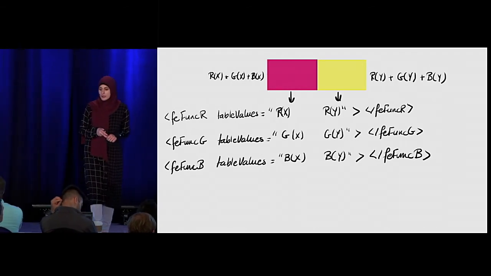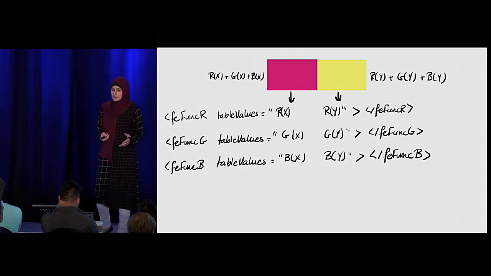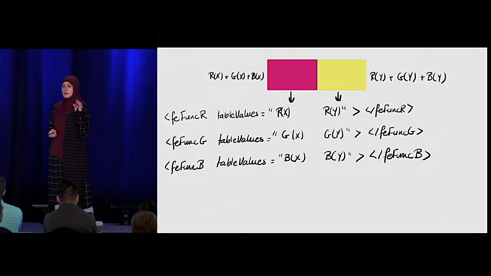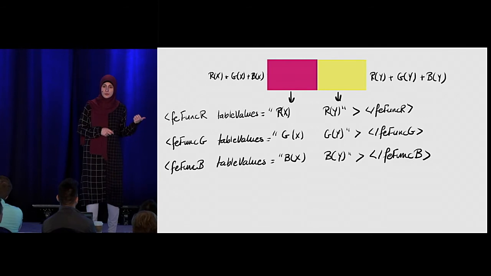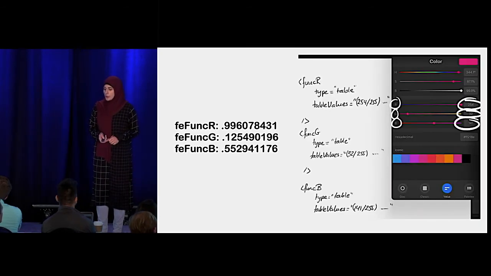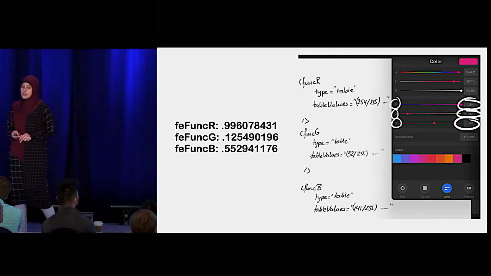Each color has RGB channel values. The values of RGB are usually in the range 0 to 255, and the values in the table values attribute are fractions between 0 and 1. So, to fill in the values of the RGB channels inside your SVG filter, we need to get the RGB values for our 2 colors and divide them by 255.